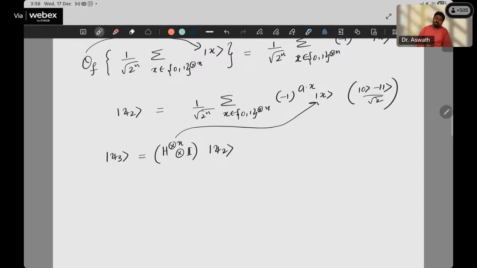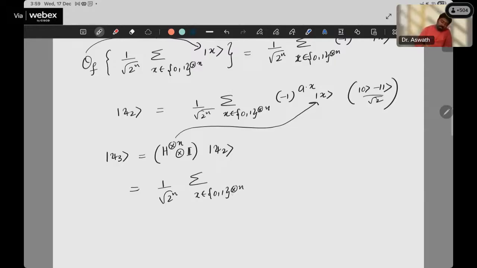Right now we have arrived at that result, so let me write it down. This would be equal to 1 by square root of 2^n, summation over x belongs to {0,1}^n. Since the Hadamard goes inside, and there is a summation over n cases, I can just ignore n.